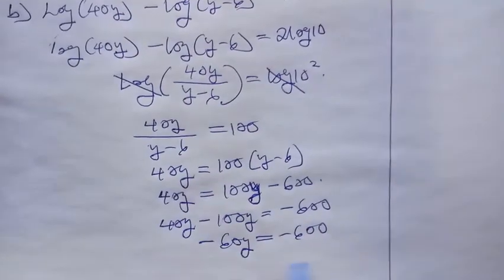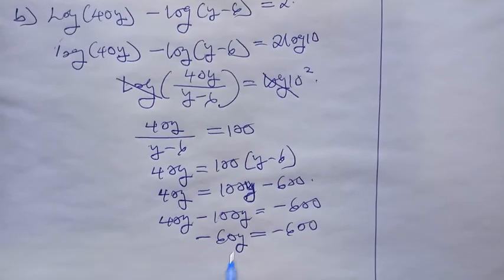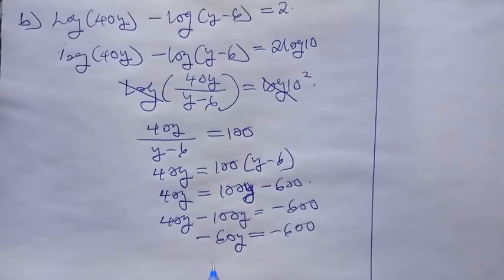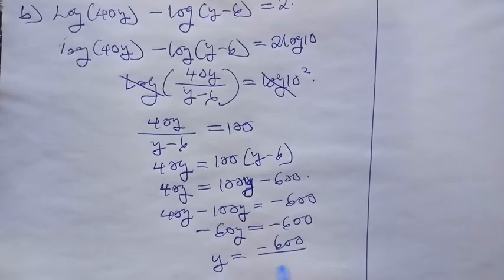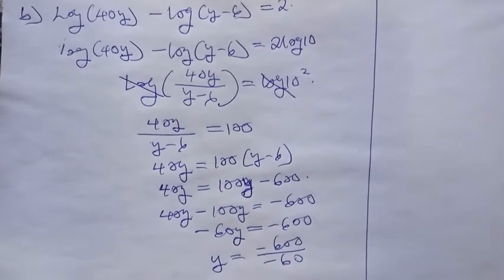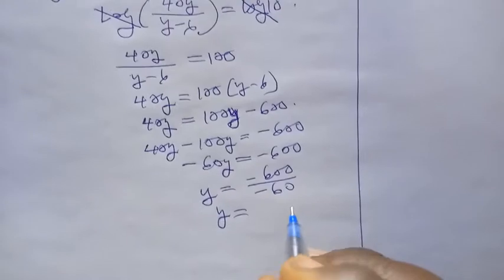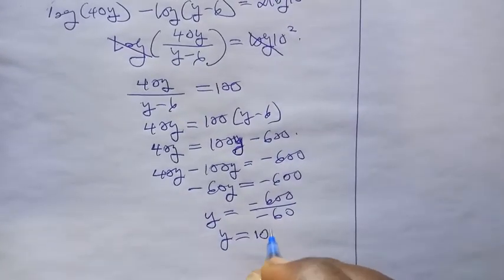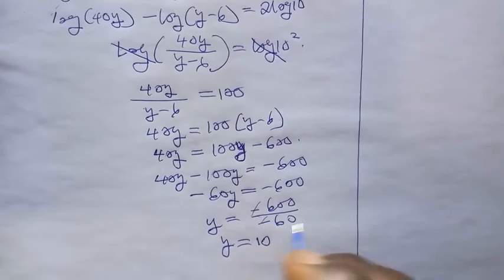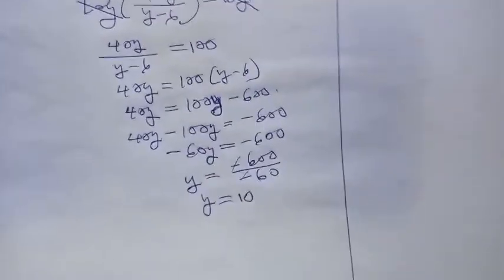And so something can cancel out here. Minus 60, divide both sides by minus 60. So we have y is equal to minus 600 divided by minus 60. Okay, y then is equal to what? Is equal to 10. Minus will cancel minus, and then we'll have 60 in 600 is 10.